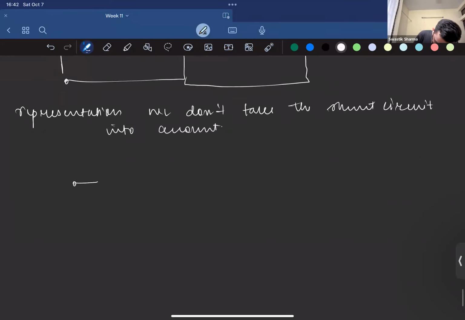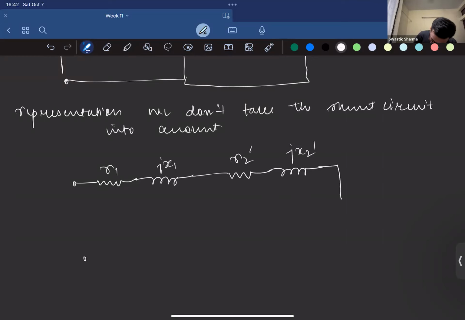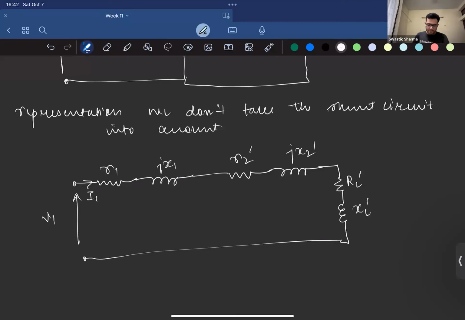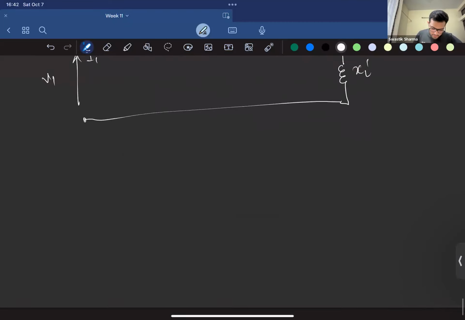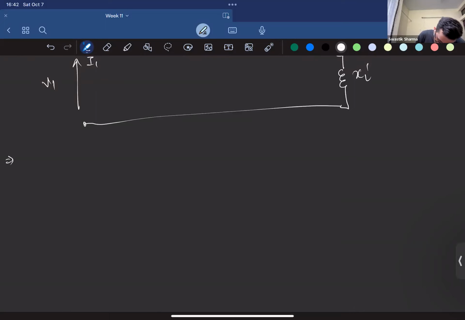So how will we write it? It will be something like this. So this is called the approximate circuit representation, right?